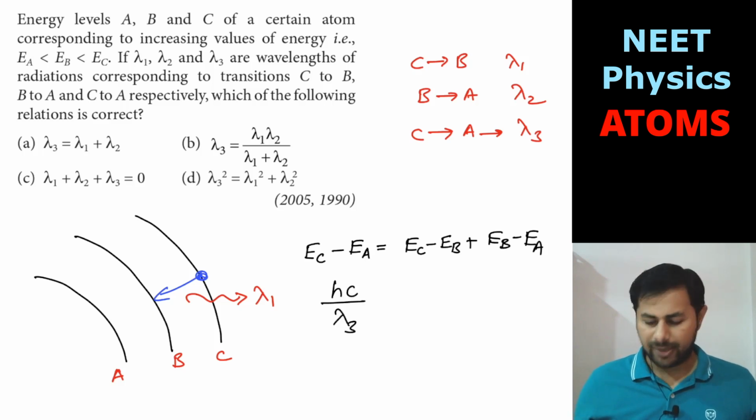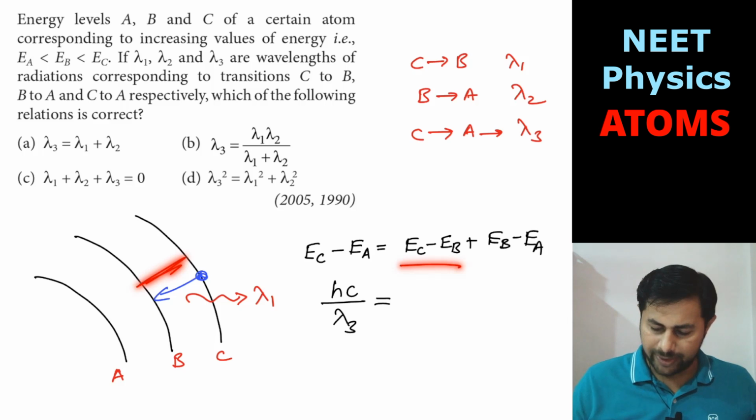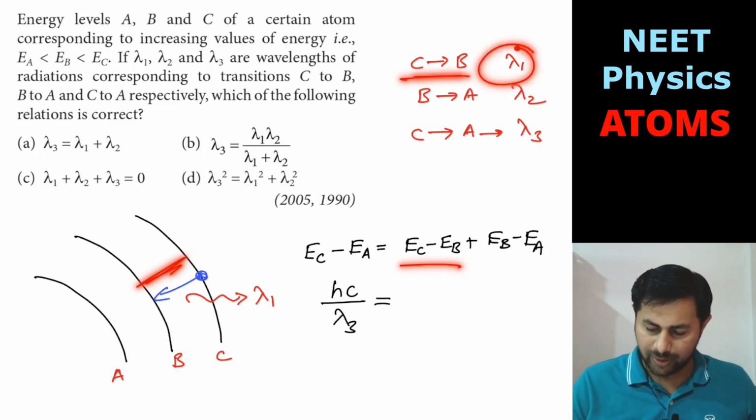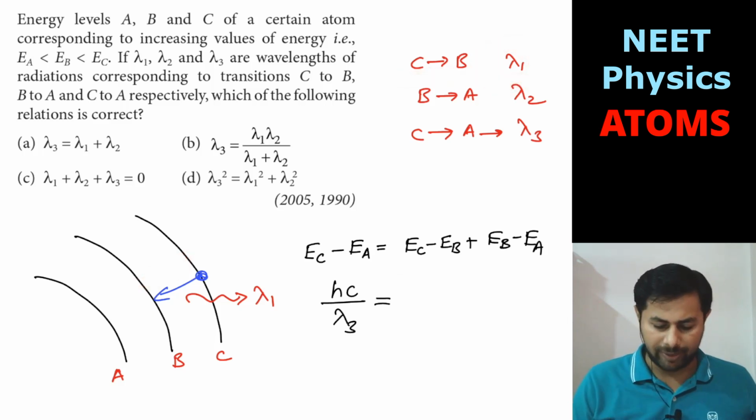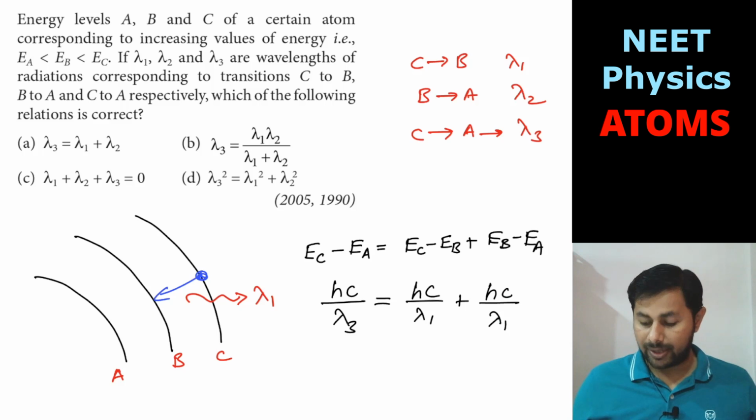So that energy is hc by lambda 3. It equals, when it jumps from C to B, it emits a photon of wavelength lambda 1, so hc by lambda 1, plus when it goes from B to A, it emits a photon of energy hc by lambda 2.